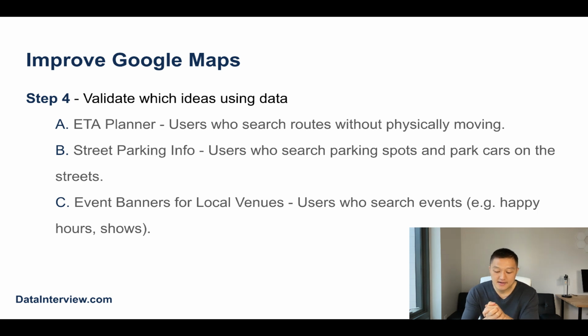And then the last thing is, users who search events like happy hours and shows, right? So Google has a way to track, from people who are using Google Maps to just a regular Google search as well, right?